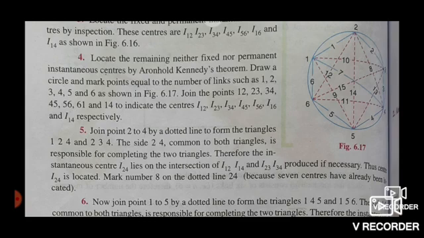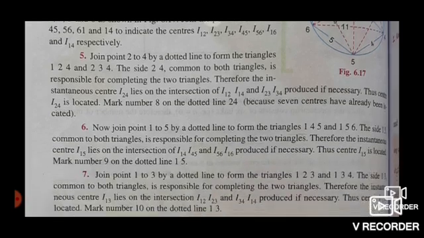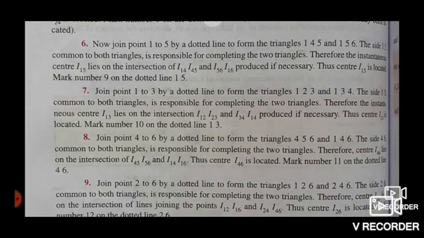Produce if necessary. The centers meet at 24, so I24 is located. Mark number 8 on the dotted line 24, because the 7 centers already have been located, 6 points. Now join 1 to 5.